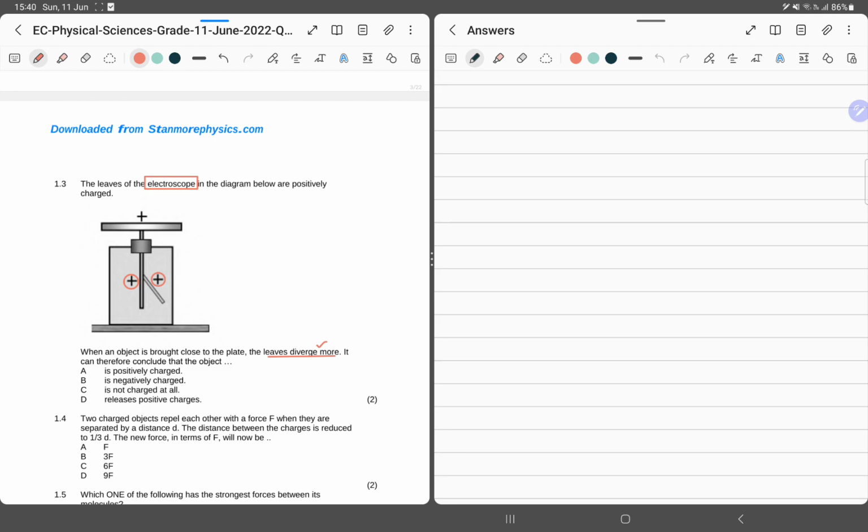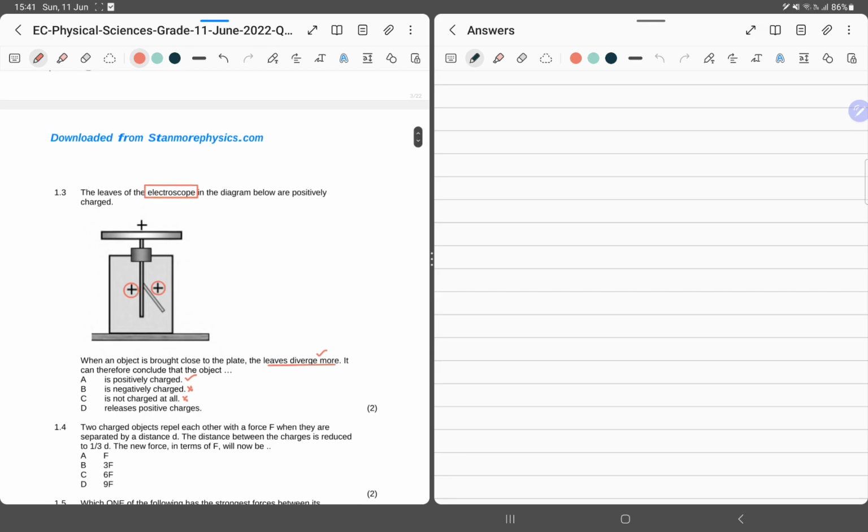So we can conclude that the object is most likely positively charged. Could it be negatively charged? I don't think so. Is it not charged at all? If it wasn't charged at all, there would be no further movement of the leaves of our electroscope.